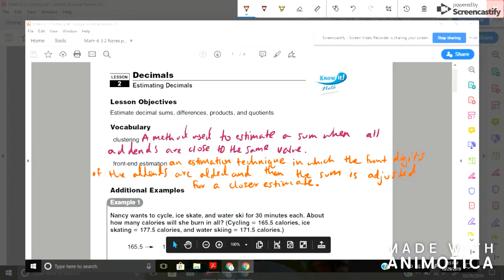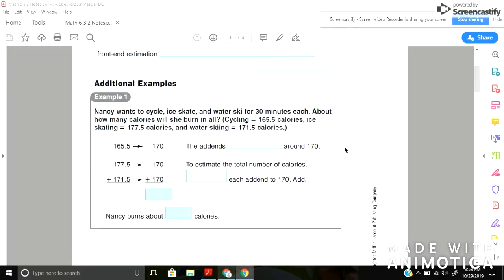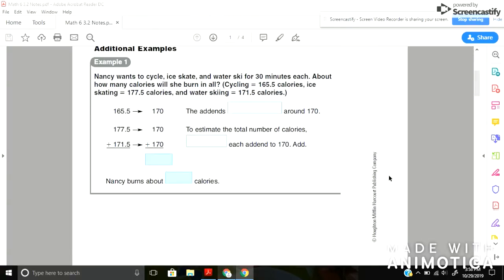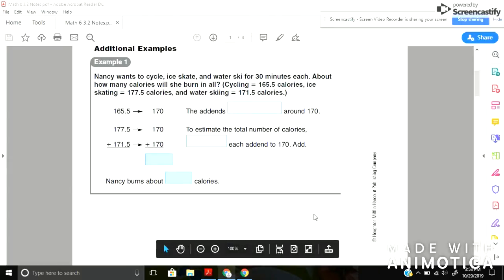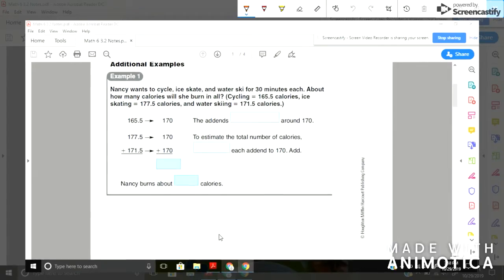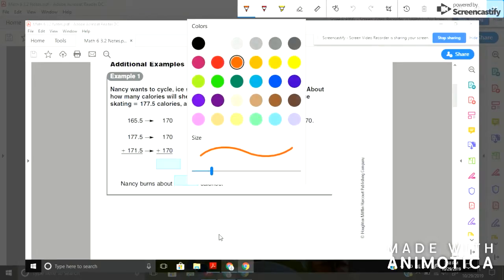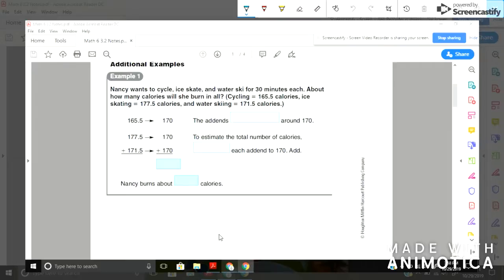Okay, so here is example 1, and with example 1, we are going to use the clustering method. It says Nancy wants to cycle, ice skate, and water ski for 30 minutes each. She's going to get some good exercise. About how many calories will she burn in all?